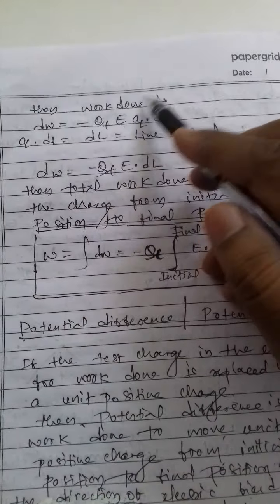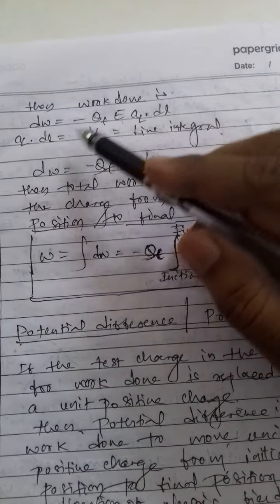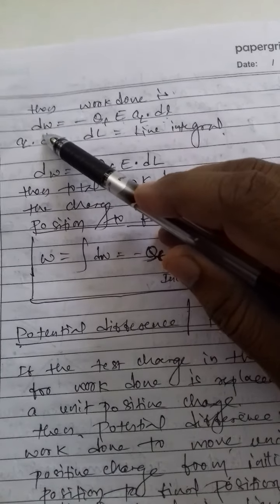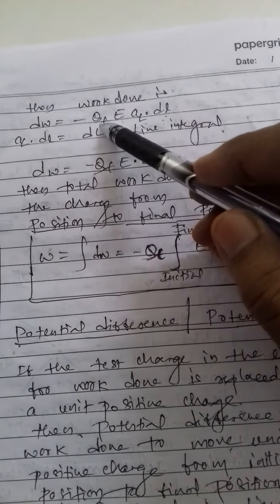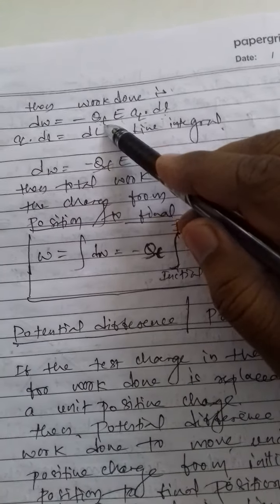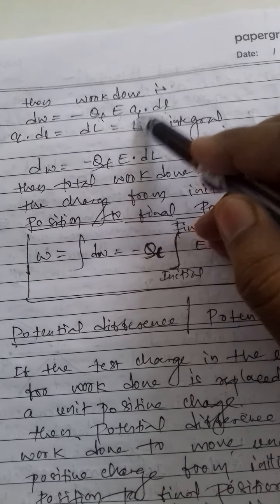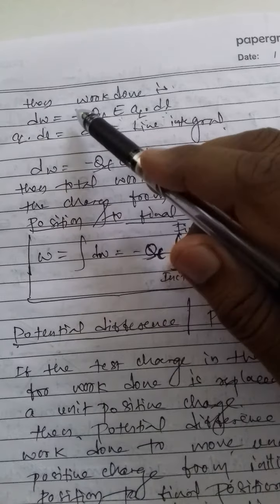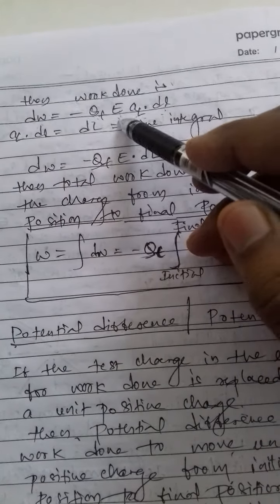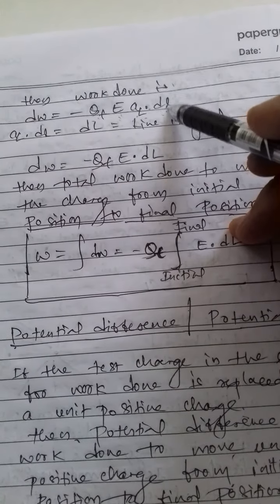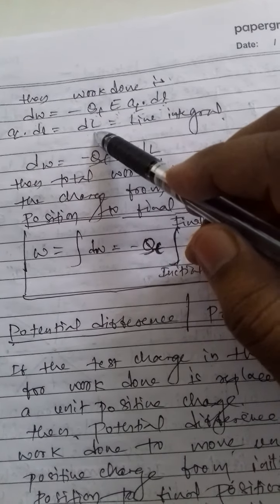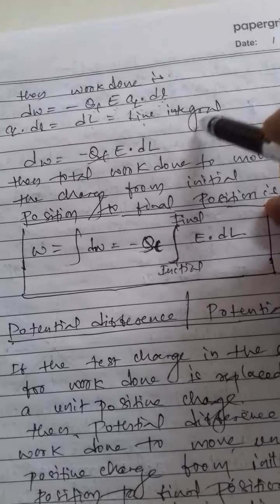Then the work done is, since the movement of the charge is dl, the differential work done dW is equal to minus Qt E al dot dl. But al dot dl is equal to dL, a line integral.